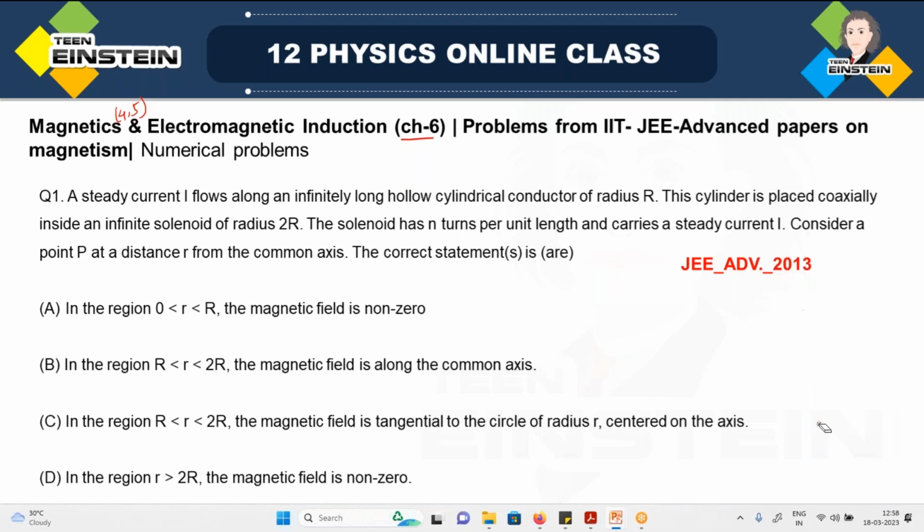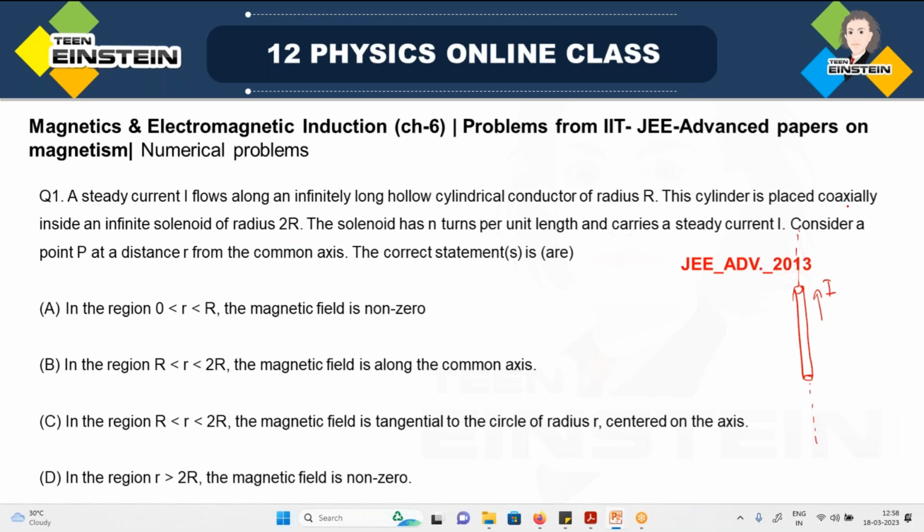Anyway, I'll just redraw the situation. So this is a cylindrical conductor, and in fact I would like to put dots on both sides because it is an infinitely long wire carrying a current I, and it has a radius r.